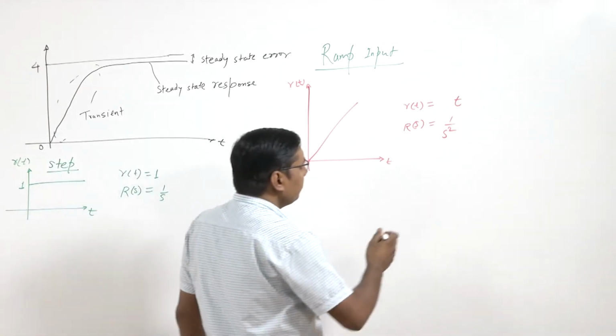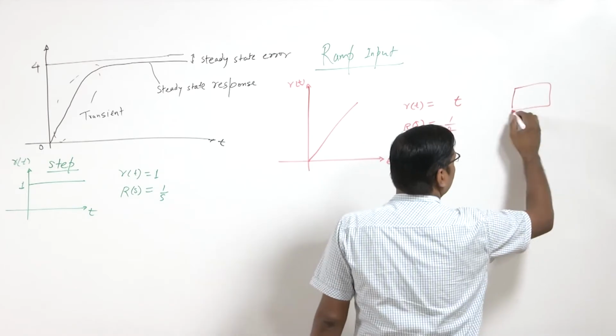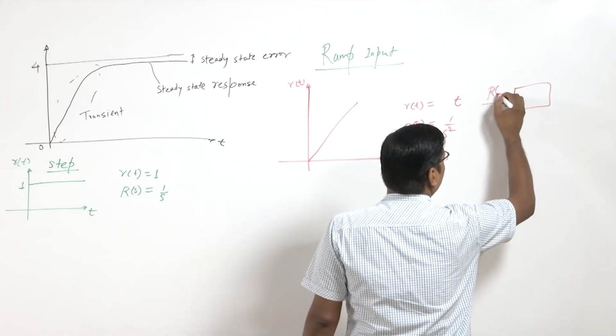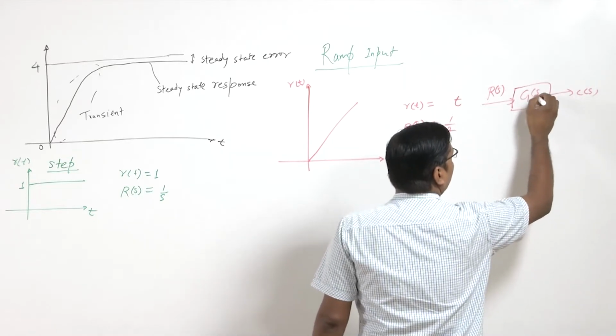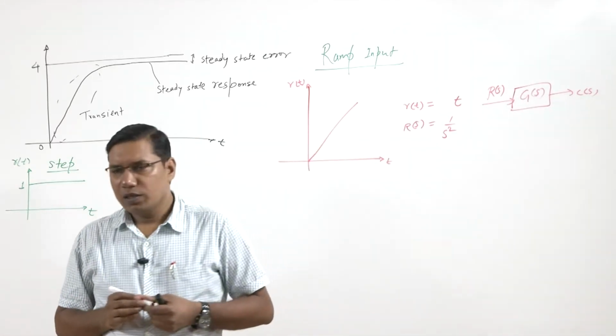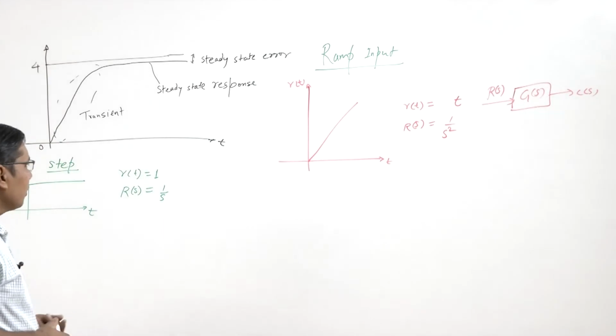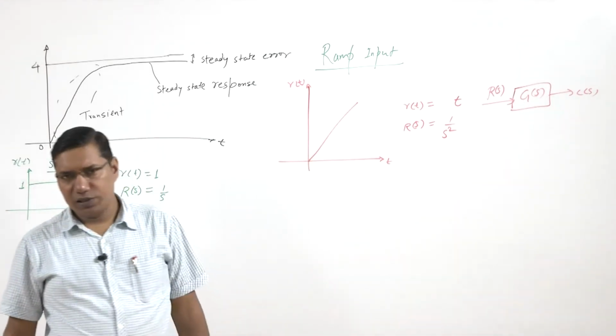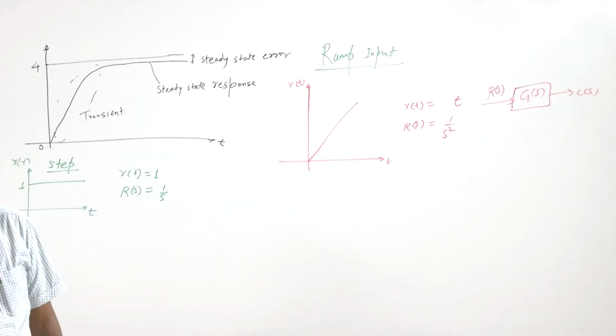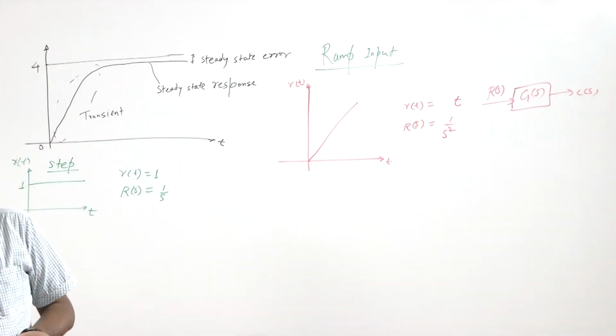This kind of input can be used to monitor a system that has constant speed.